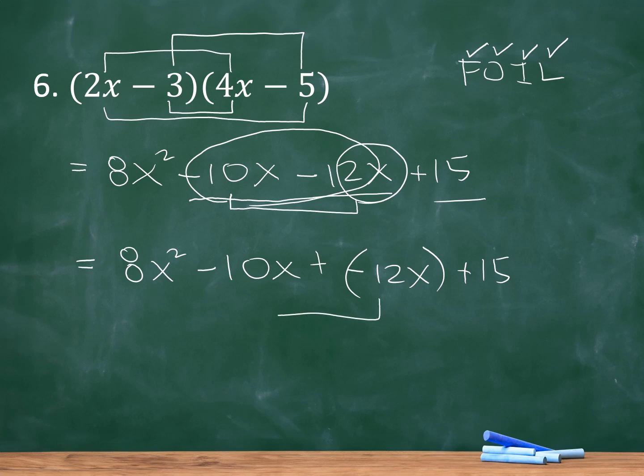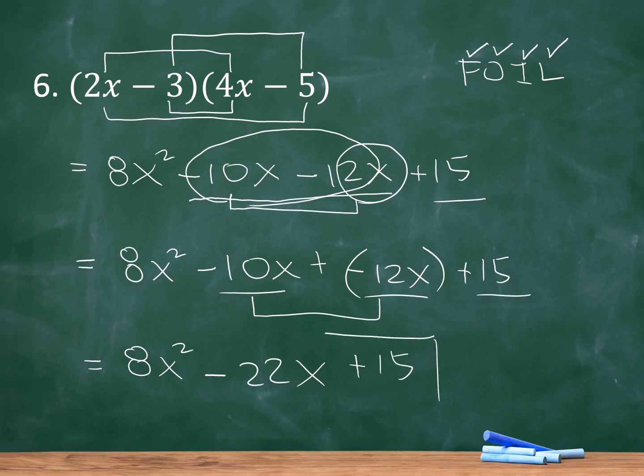So now we will just add these two terms. 8x squared, negative 10x plus negative 12x, that is equal to negative 22x, and then just copy plus 15. This is gonna be our answer.